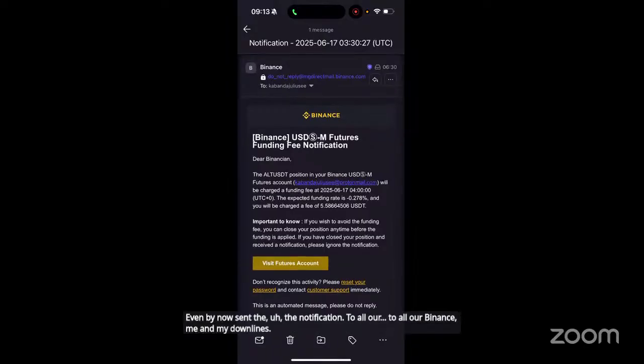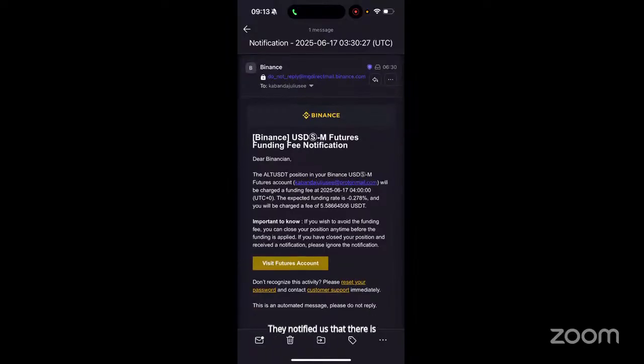They notified us that there is a fee. I called my downlines and they showed me the same message that they deducted our money. I don't know whether all of you had money deducted from your account. Share if there is a percentage.